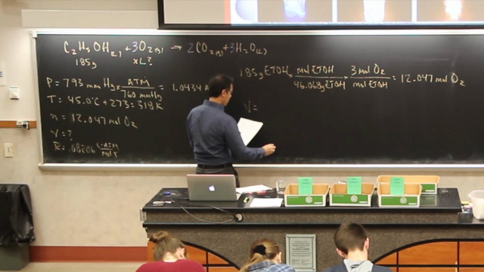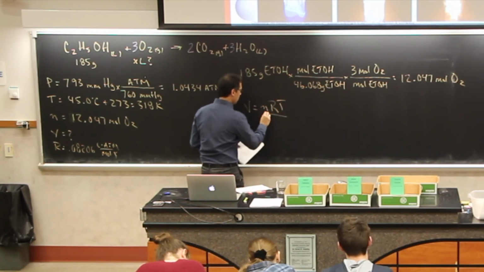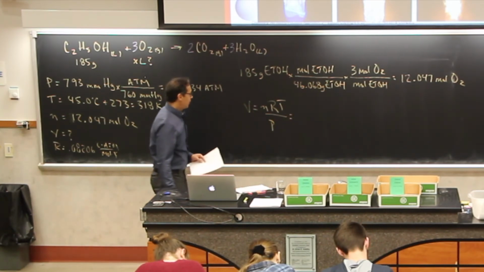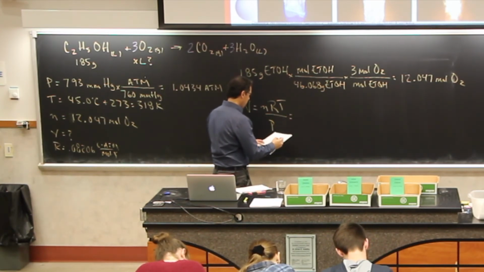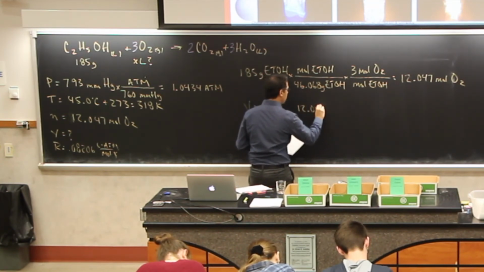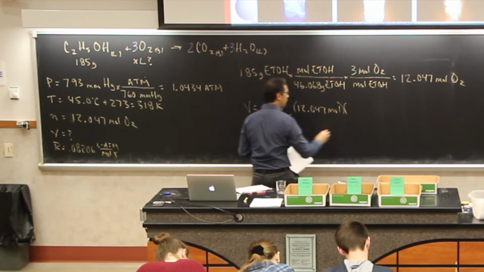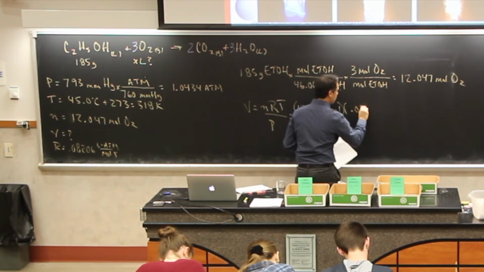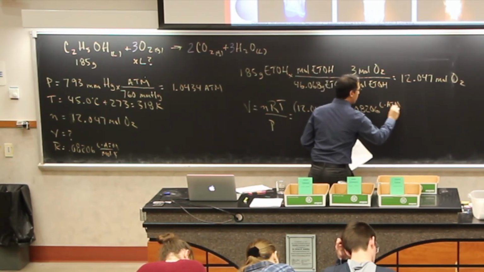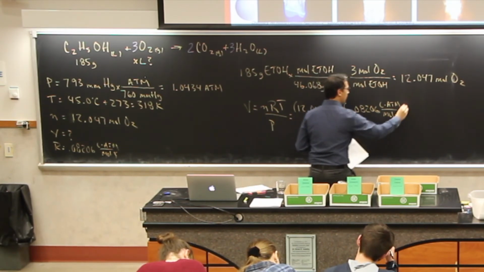Volume is going to be equal to nRT over pressure. And I plug my numbers in here: 12.047 moles, R is 0.08206 liter atmosphere per mole Kelvin.